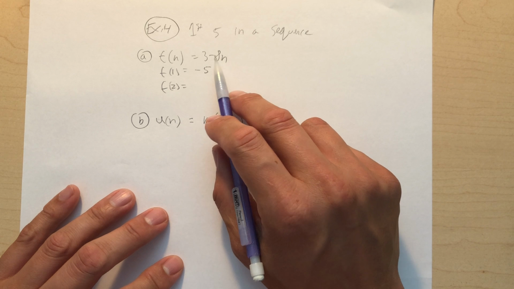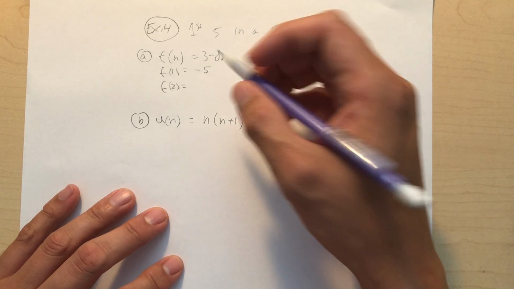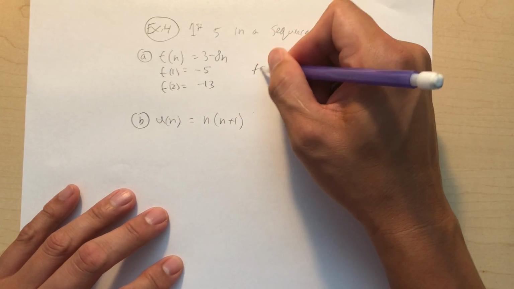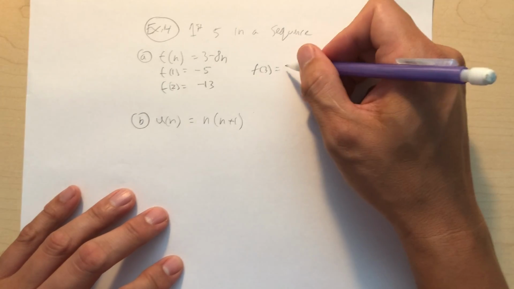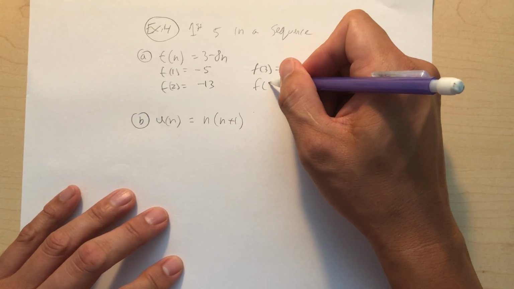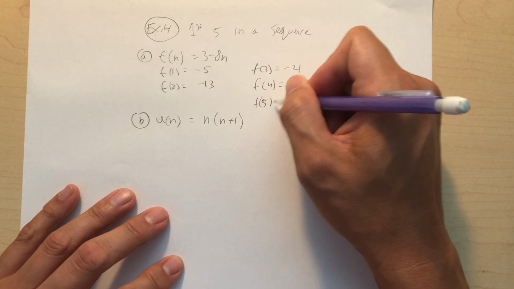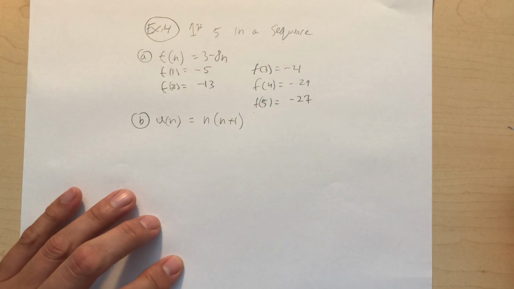Negative 16 minus 3 minus negative 16 would be negative 13. Okay, f of 3. Or you could just go, oh, it's going down by 8 every single time, so negative 21, negative 29, and negative 27 going by 8 right there, okay?